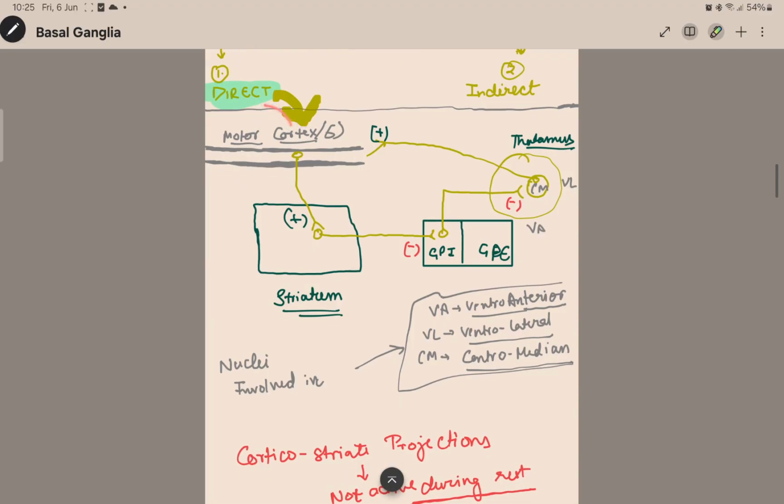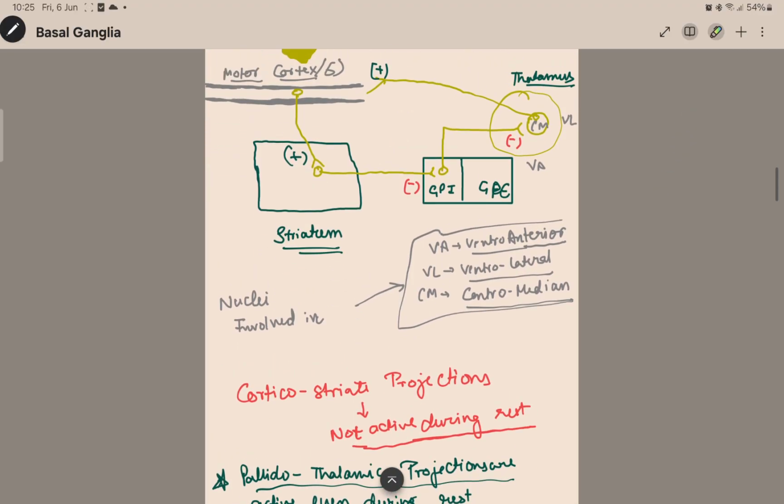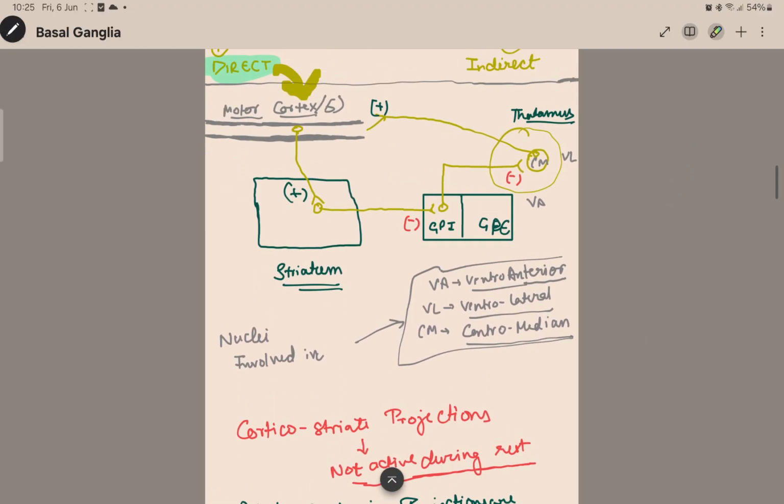Let's see the direct circuit. In this circuit, the motor cortex, that is area number 6, sends an afferent to the striatum, which is excitatory as told earlier.